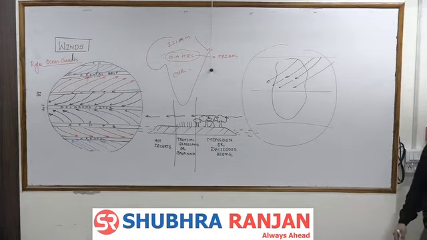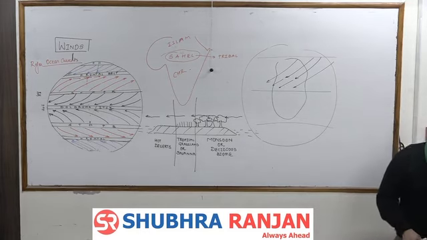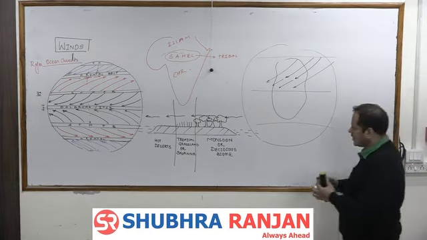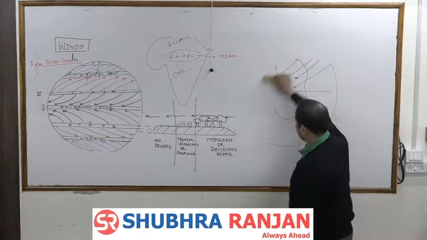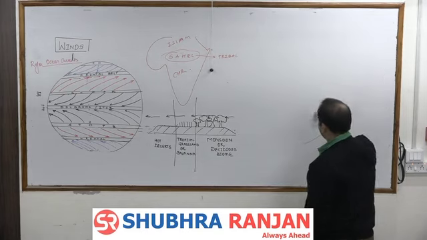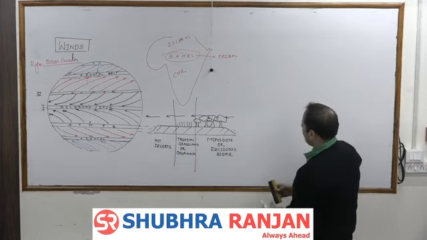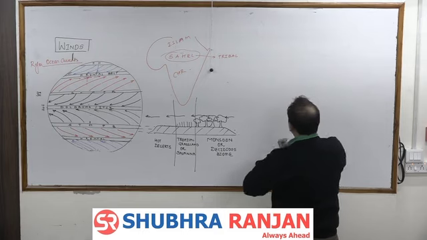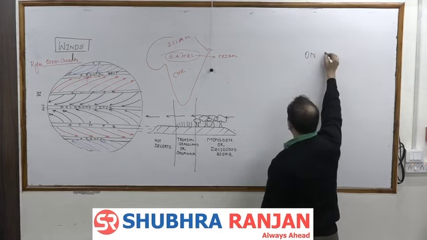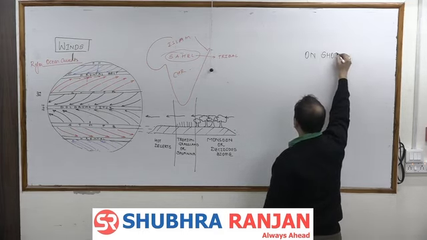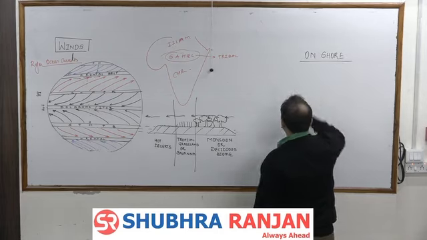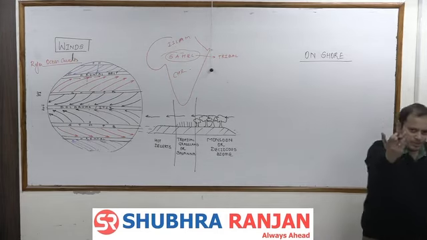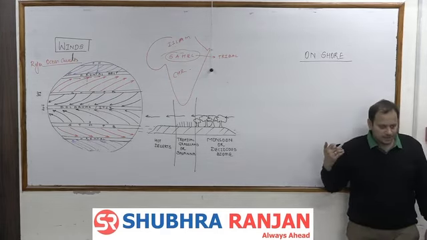The trade winds are onshore on the eastern coast of the continents. Onshore means from sea towards the land.